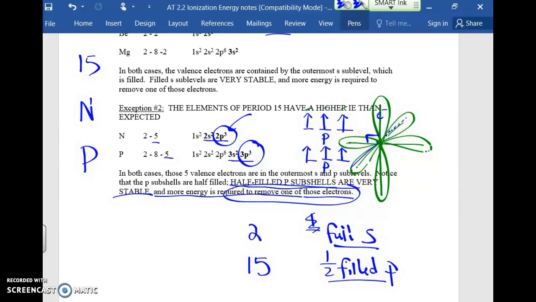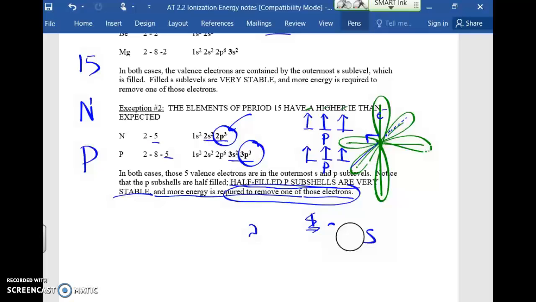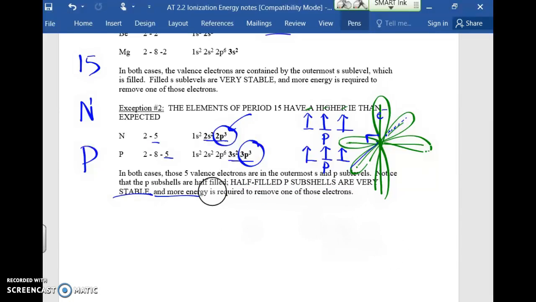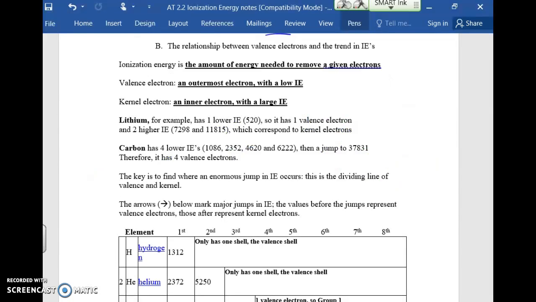The next point deals with ionization energies other than the first ionization energy. Let's take a look. As I said, if you are an atom like carbon, well, carbon has 2 electrons in the first energy level, and 1, 2, 3, 4 electrons in the second energy level.